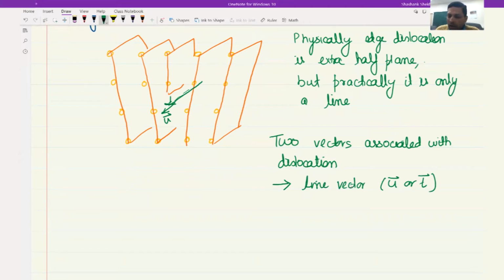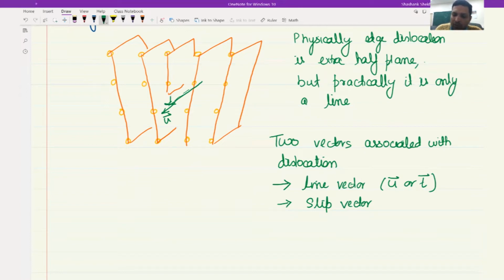Another vector that is associated with dislocation is what is called a slip vector. Now at this point, let me introduce you to how this dislocation moves. This dislocation moves by hopping from one plane to another.